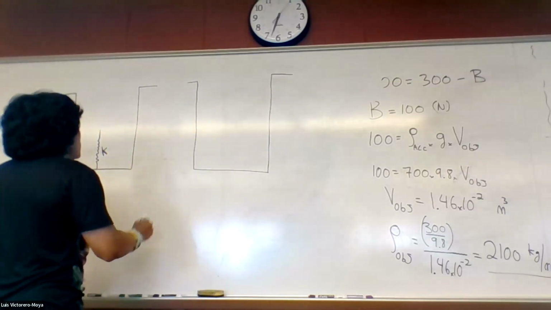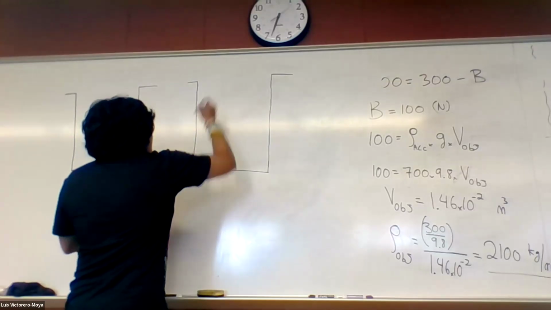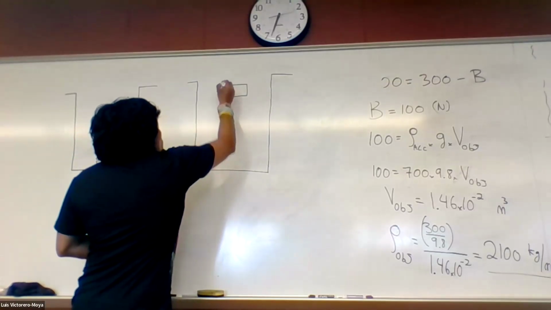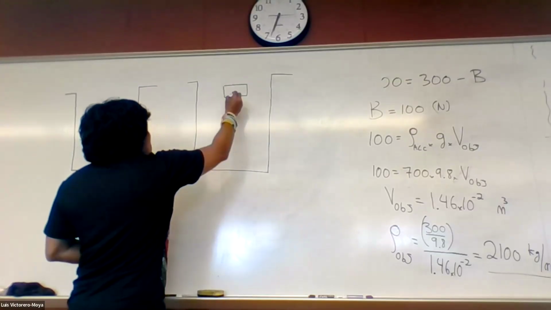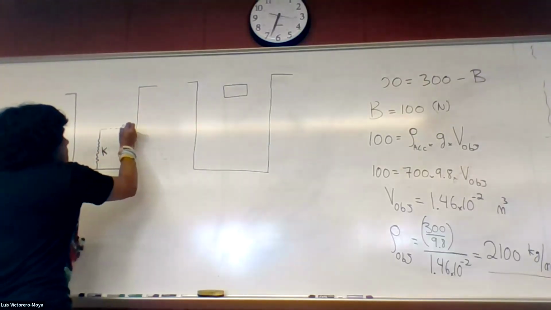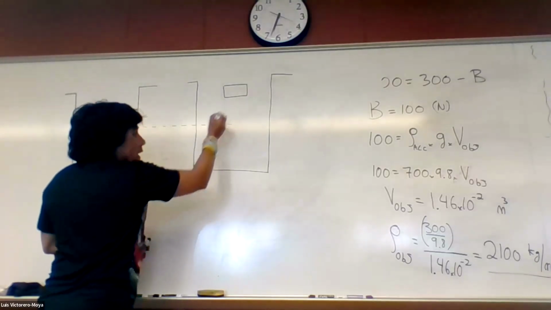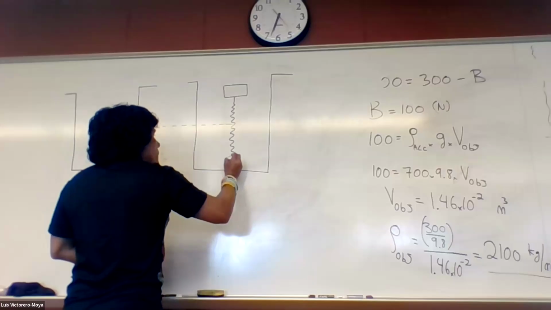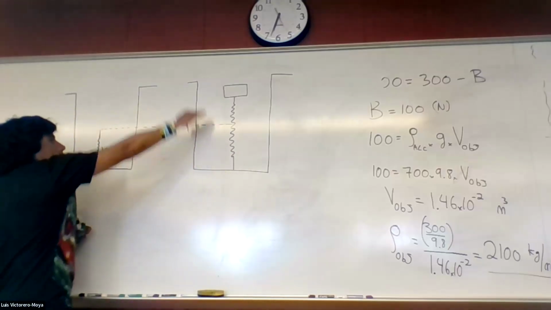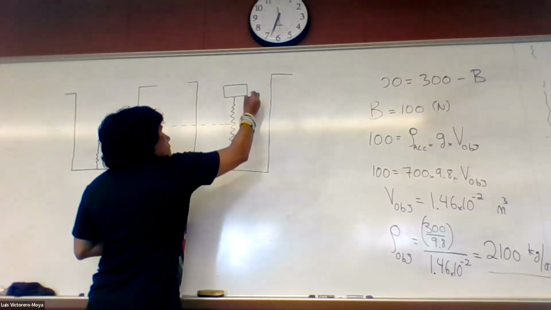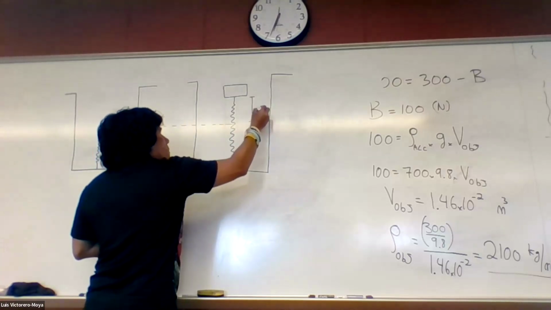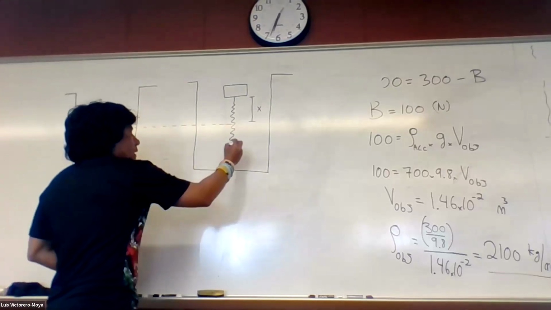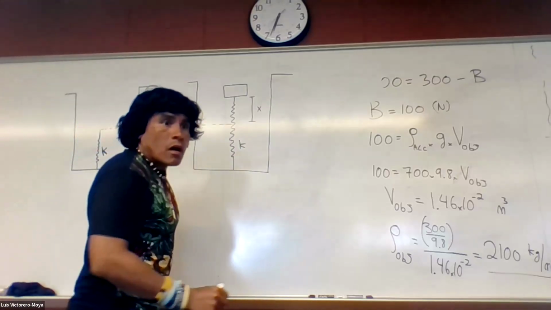So now you have a mass who is going up. So this is the spring now. You see, it has been elongated, stretched, some value X or delta L, same spring and mass.